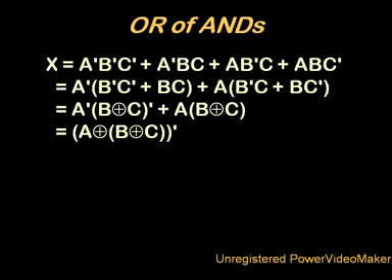And now the biggie. Did you see it? Not A times B XOR not C plus A times B XOR C is the same as XORing those 2 expressions together and taking the NOT of the whole thing. That was our other XOR law.